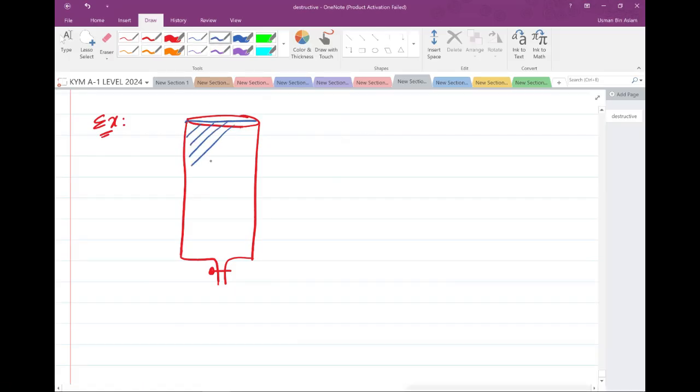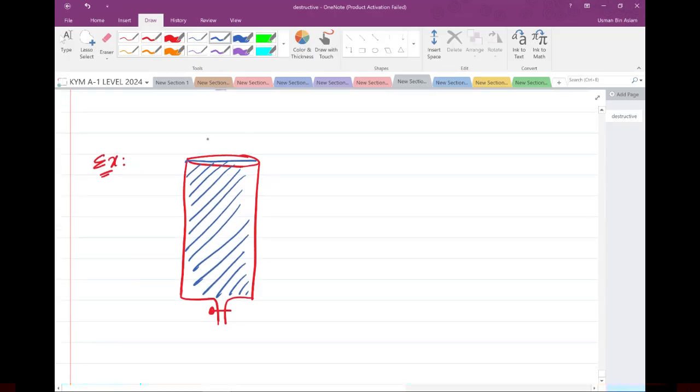That's the liquid in it. Let's call it water. There is water present inside this tube. Examiner says that we have a vibrating tuning fork. This tuning fork can vibrate. A tuning fork is able to produce a sound wave.